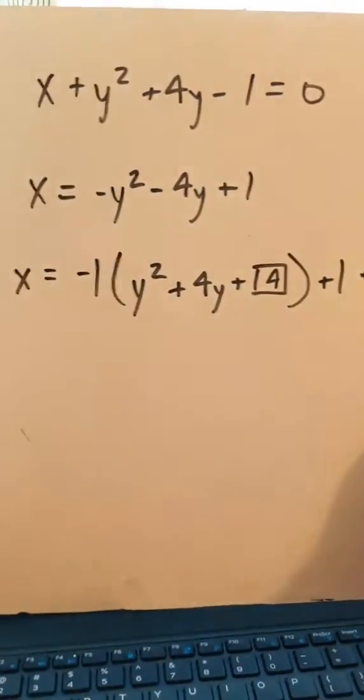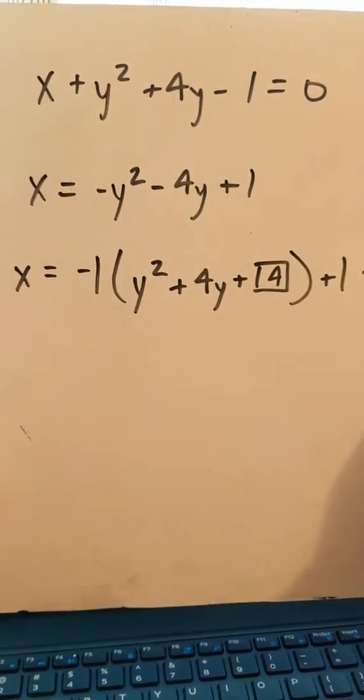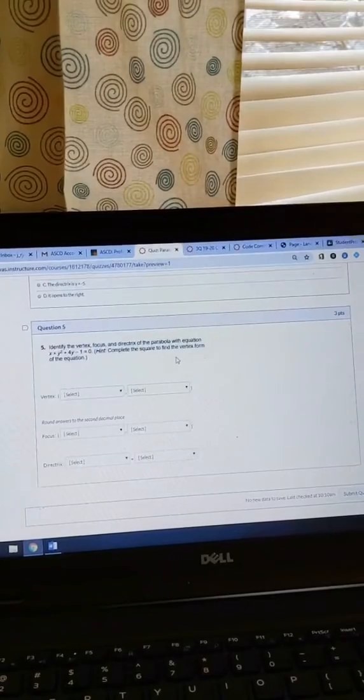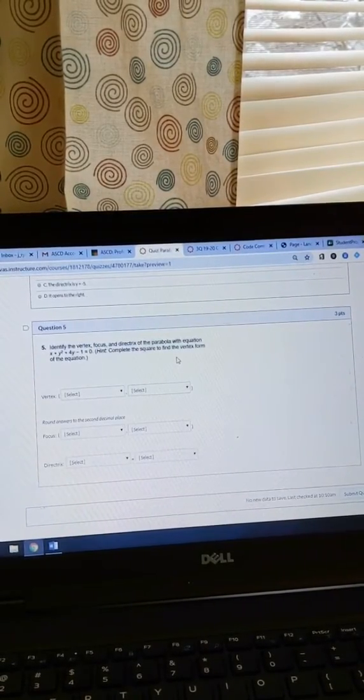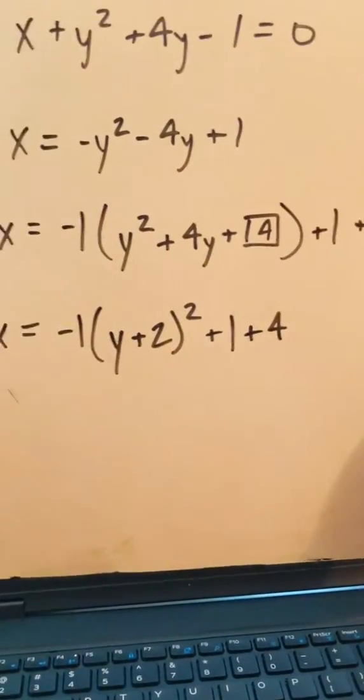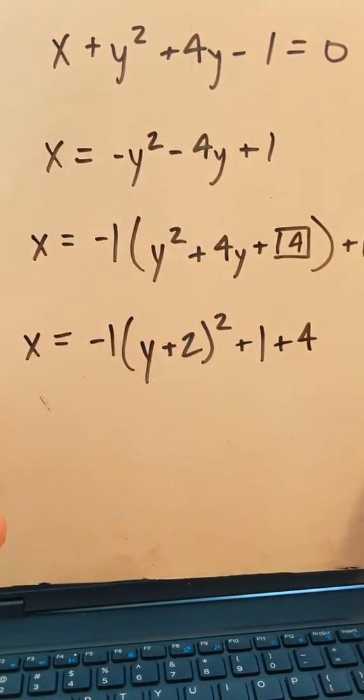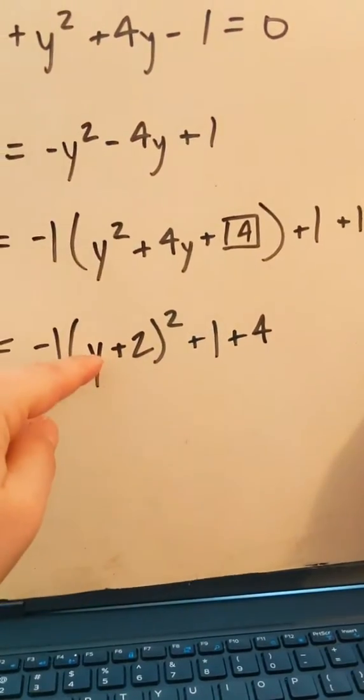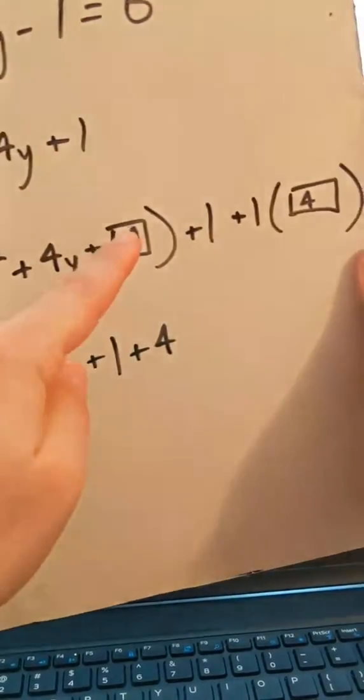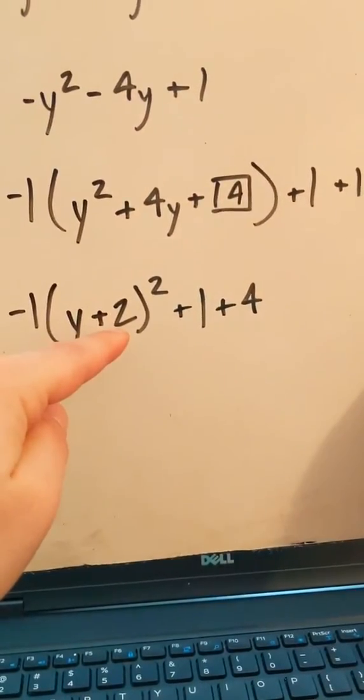Okay, I'm going to set this back down, and now we need to complete the square. So we get x equals -1 times (y plus 2) squared, and then we got a +1 plus 4. So when we completed the square, y squared goes down to y, the plus stays in the middle, and then the square root of 4 goes to 2.